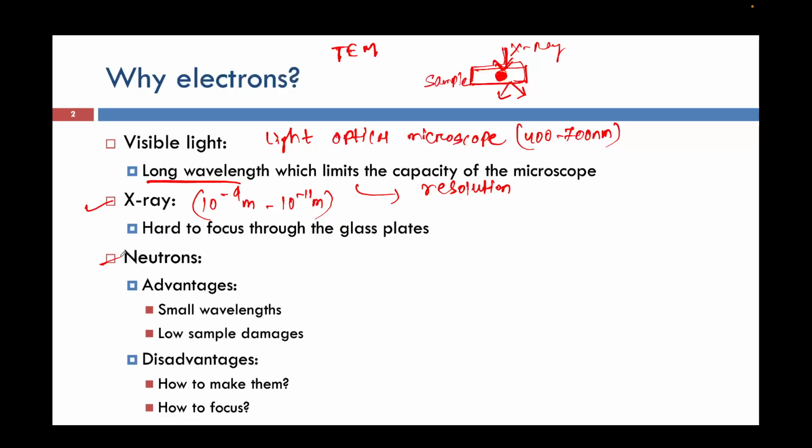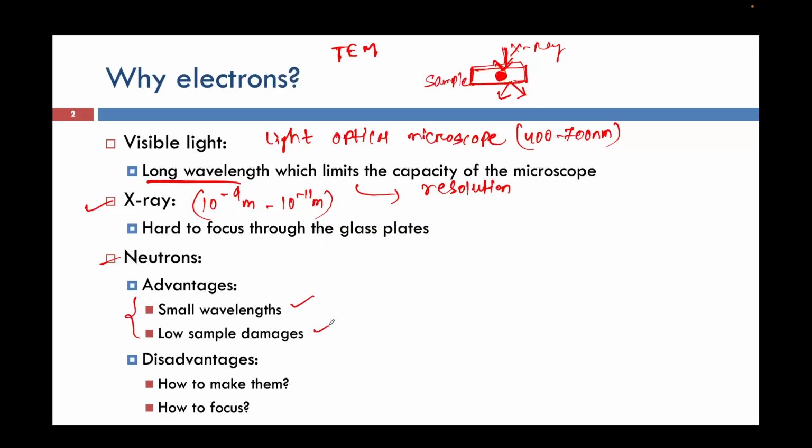But the disadvantage of neutrons is, though they offer a very small wavelength and low sample damage, that it is not easy to produce a neutron beam, and that beam has to be produced continuously so that we get a proper diffraction pattern or proper image.